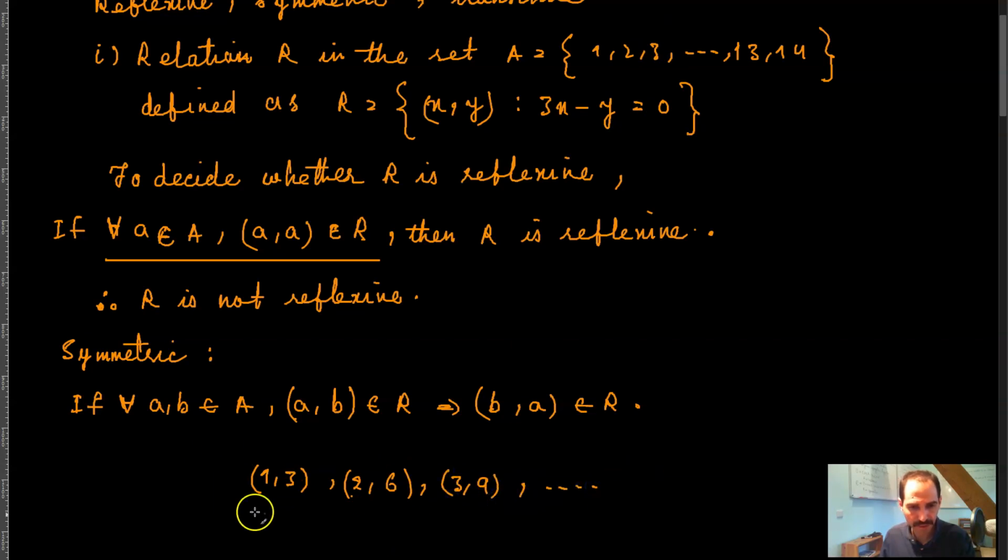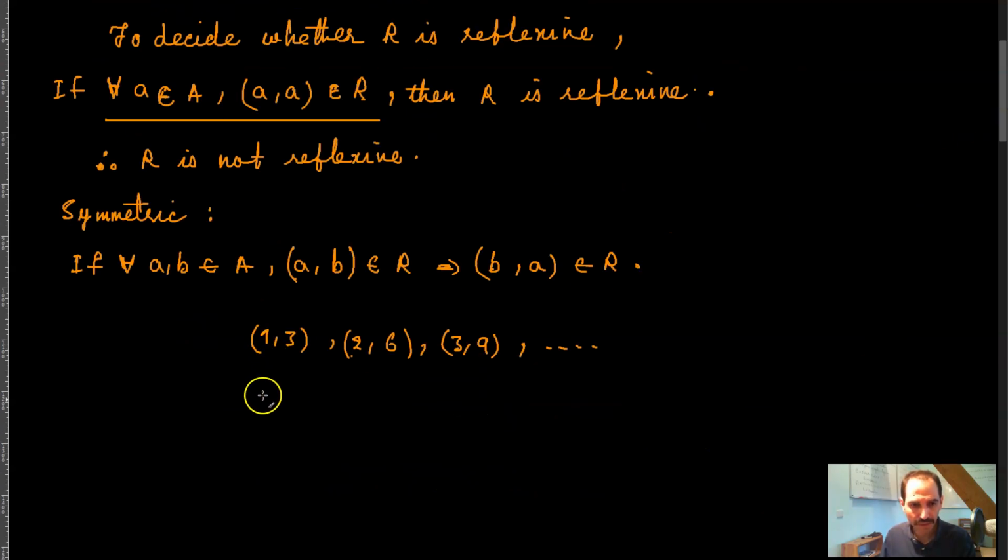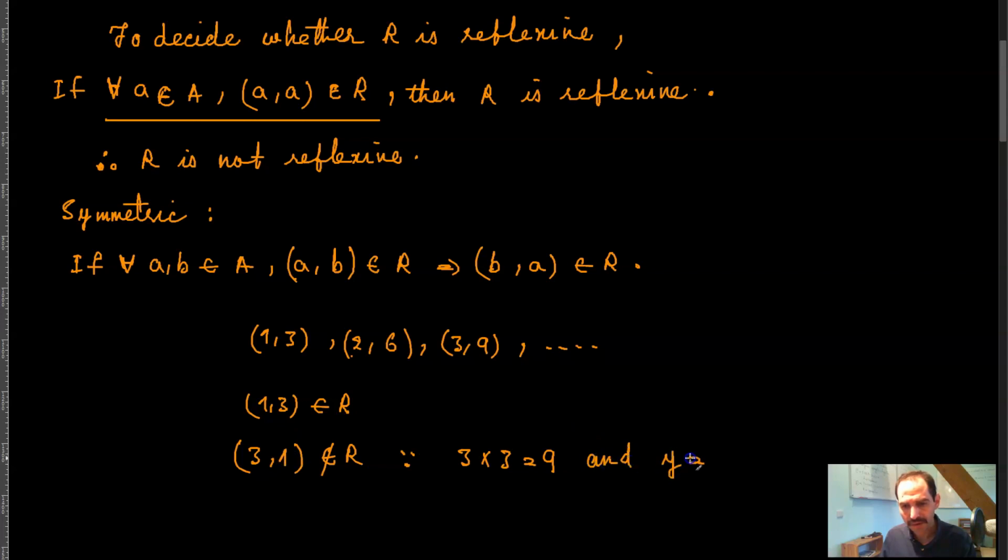These are some members of R. Now of course you can see that (1, 3) belongs to R, but (3, 1) does not belong to R, because 3 times 3 is equal to 9, and y is not equal to 9 here. y is equal to 1.